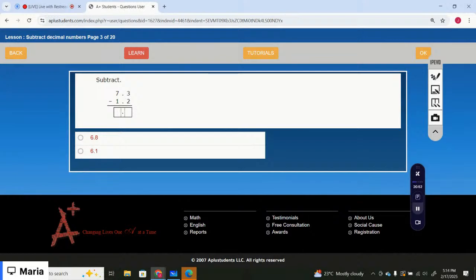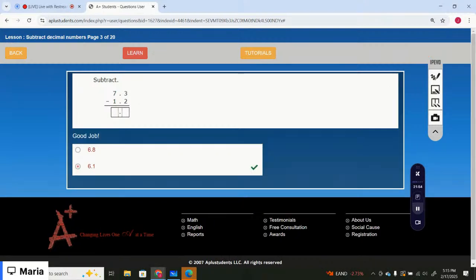7.3 take away 1.2, which is the correct option? That is 6.1.